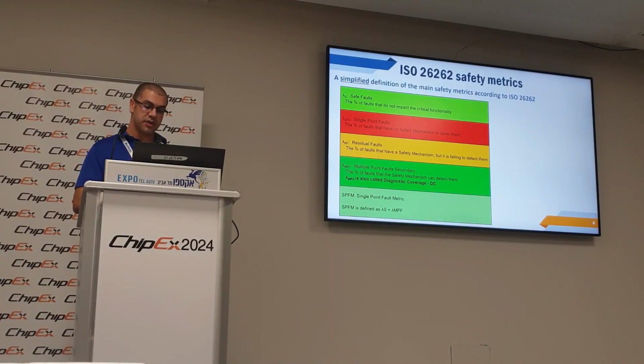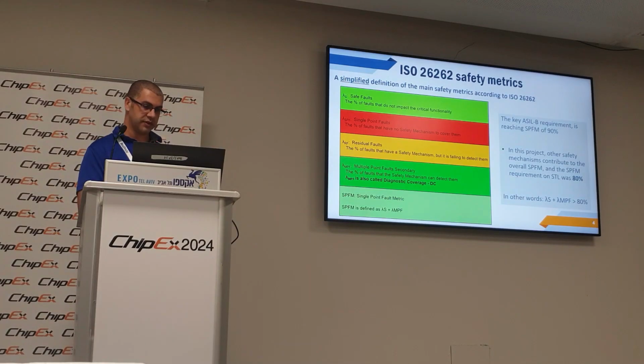This is how we define what is needed for this project. The lambda MPF is also called diagnostic coverage. Now, in this scenario with the Ceva team, since this is an ASIL-B, the requirement was to reach an SPFM of 90%.